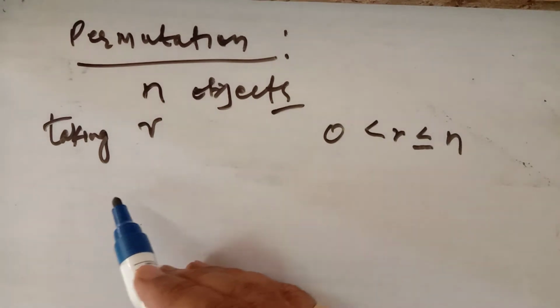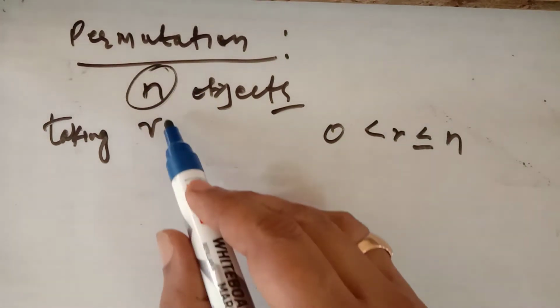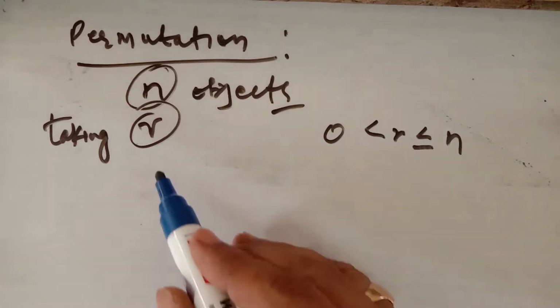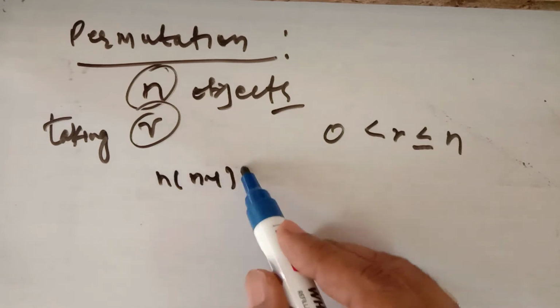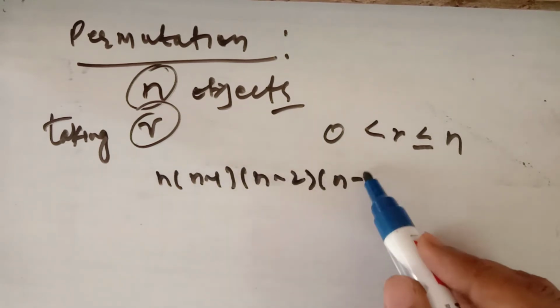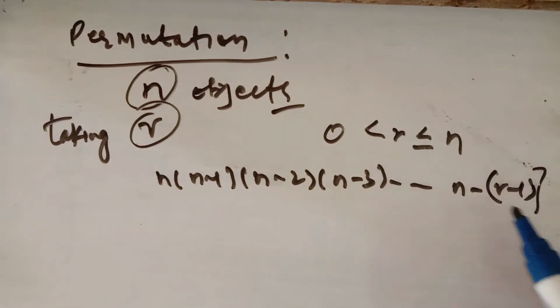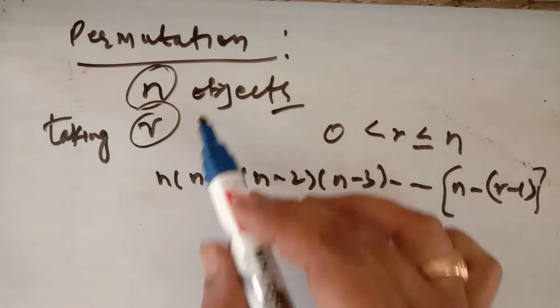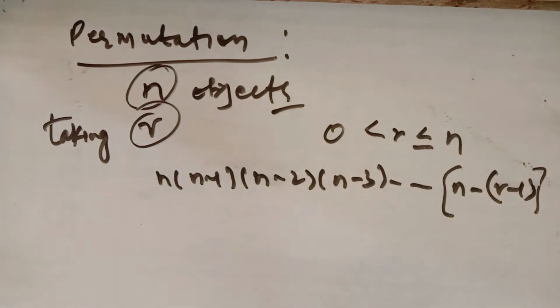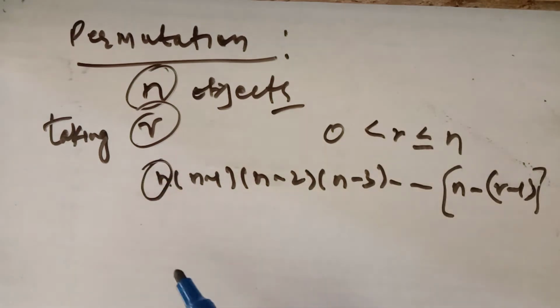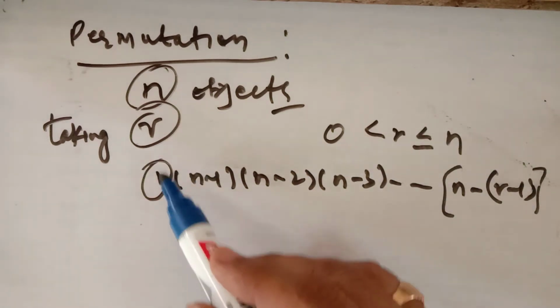See it very carefully. Now out of n, we have to arrange the r objects. Then how can we arrange them? The objects do not repeat. It will be n, n minus 1, n minus 2, n minus 3 up to n minus r minus 1, like this. Now out of n, we have to arrange only r. Then the first object can be arranged in n ways.